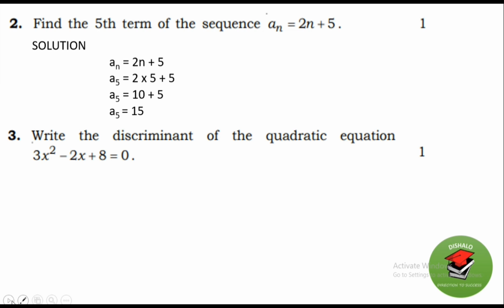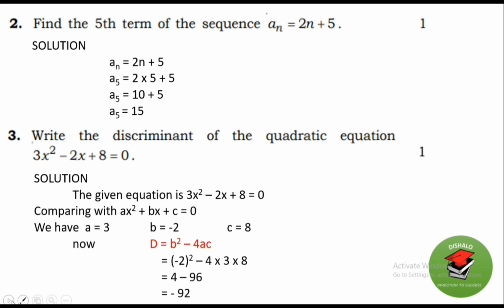Next question. Write the discriminant of the quadratic equation, and your quadratic equation is given, and we know the discriminant is given by the formula b square minus 4ac. So in this quadratic equation we have to find out which one is b, which one is a, and which one is c.